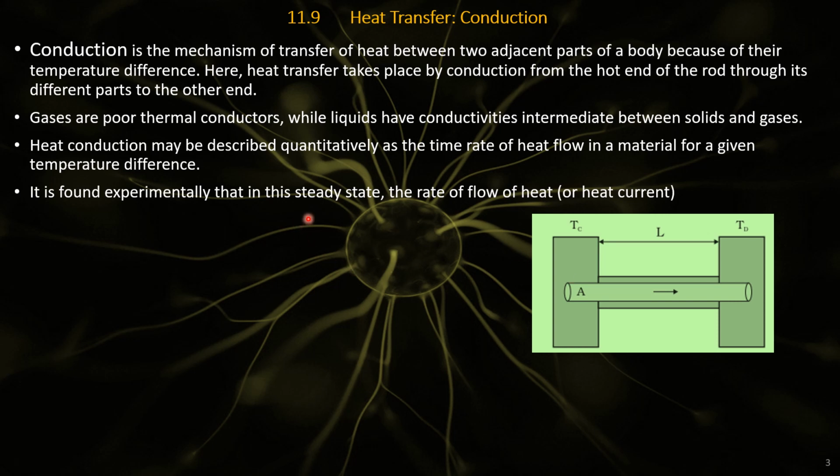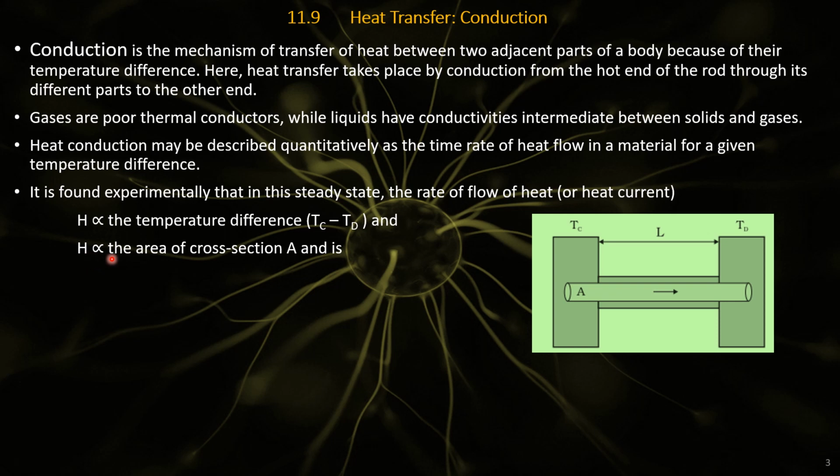It is found experimentally that in steady state the rate of flow of heat, or heat current, H is proportional to the temperature difference, that is Tc minus Td. Note down this point.